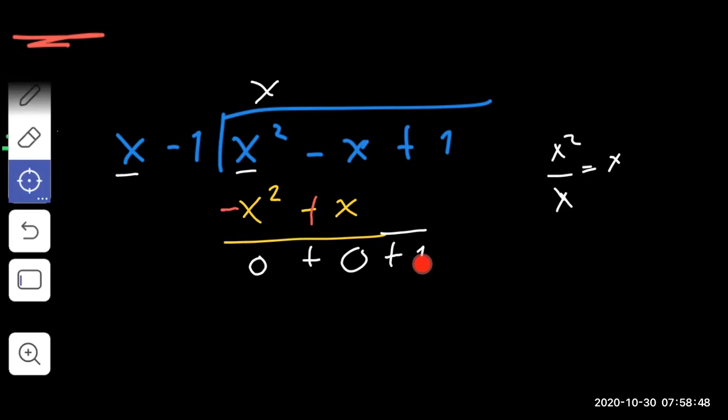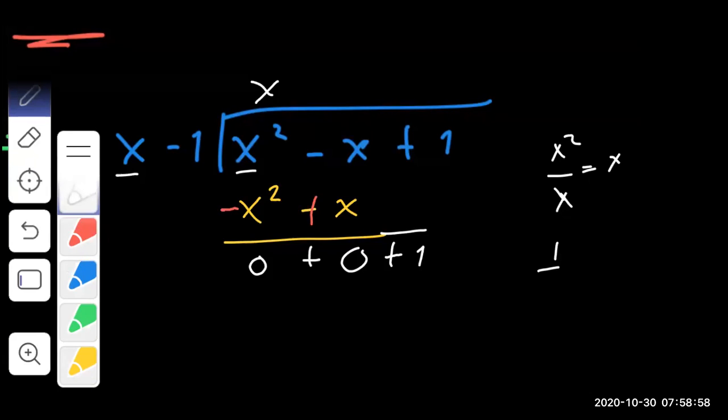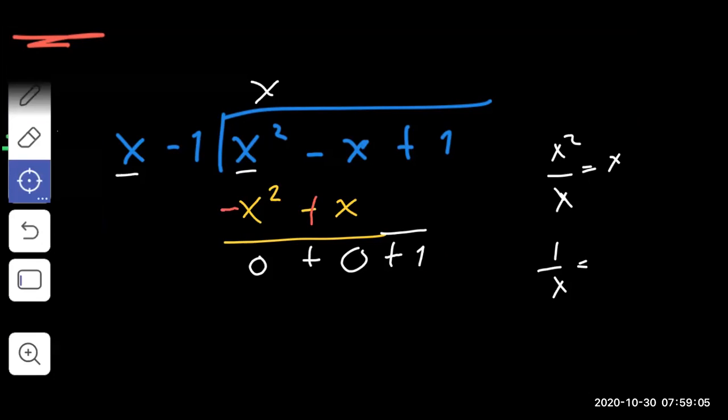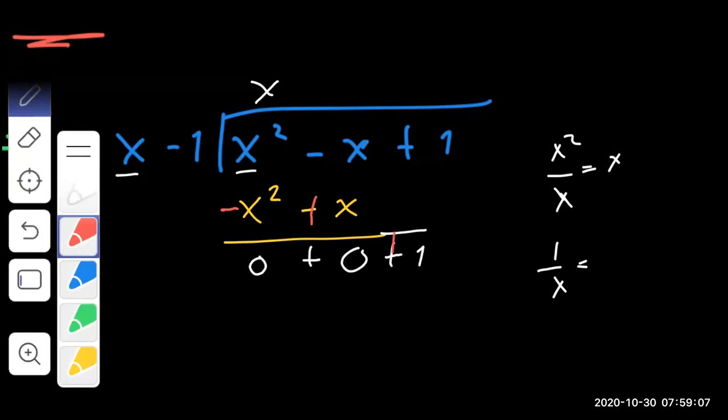Maybe you have forgotten this step, but when you get a number here, you have finished. You don't need to continue, because if you divide 1 over x, you get 1 over x again. There is nothing that you can simplify. This is the remainder, and we don't need it.